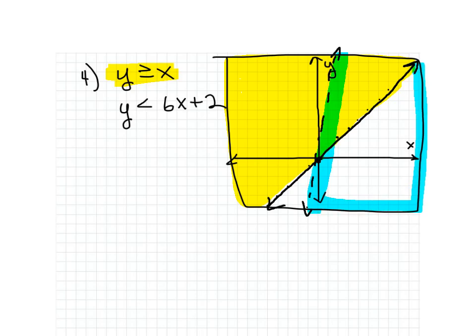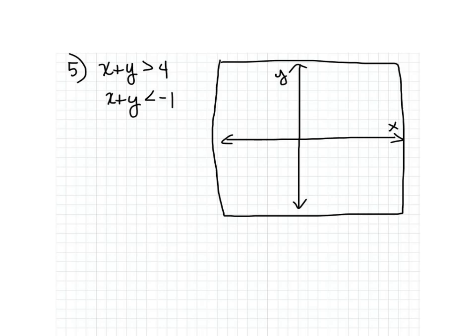So that would be right here. Okay, notice where the two solutions meet is the bright green. Number 5, I'm going to let you do this one on your own, but please notice that neither one of those is in slope-intercept form, so you're going to have to write them in slope-intercept form to graph. Okay, go ahead and work on number 5.